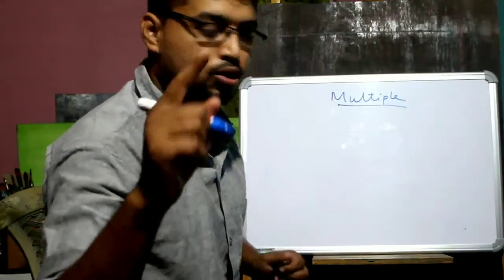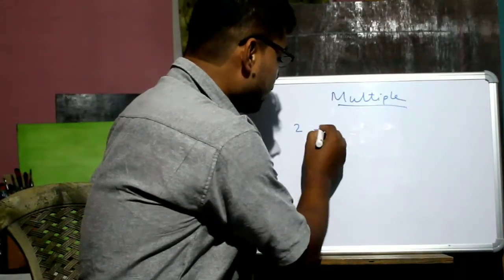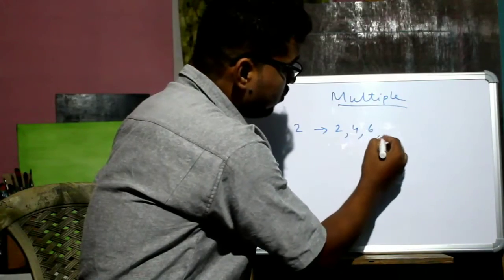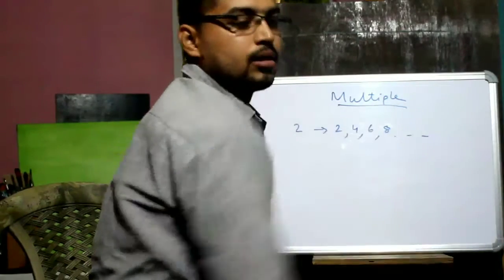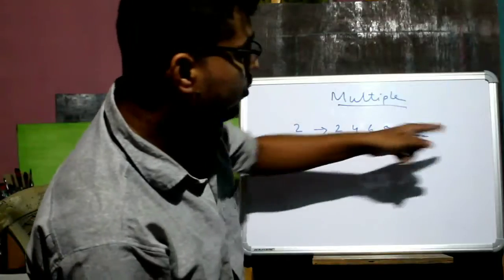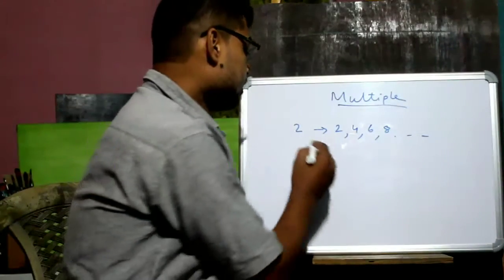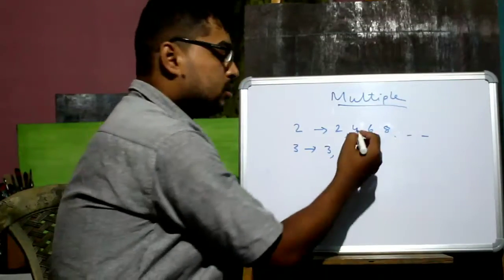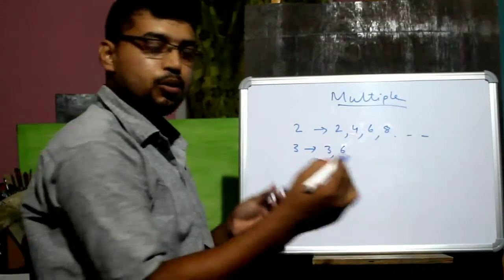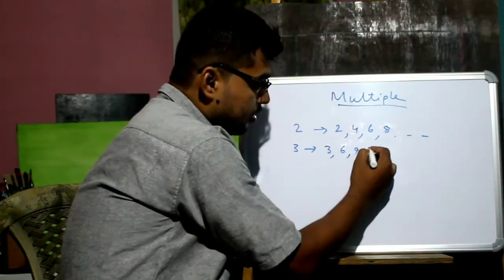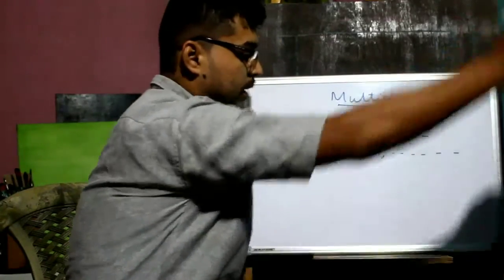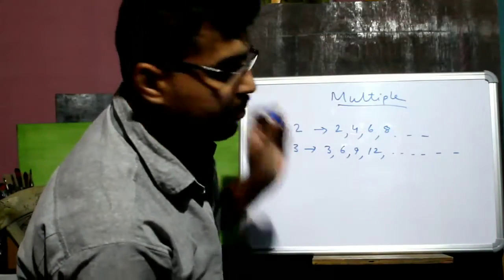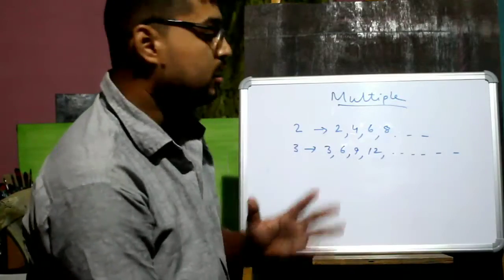For 2, the multiples are 2 into 1 is 2, 2 into 2 is 4, 2 into 3 is 6, 2 into 4 is 8, and so on, going to infinity. For number 3, we can put the multiplication table: 3, 6, 9, 12, like that. All of these are multiples. The first property is that for any number, the first multiple is the number itself.